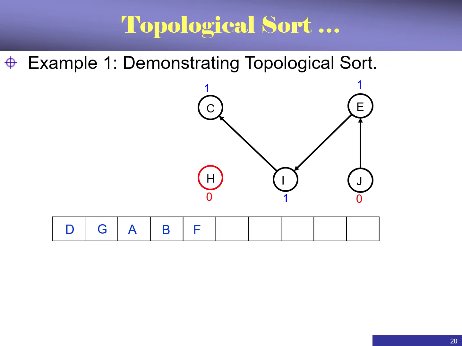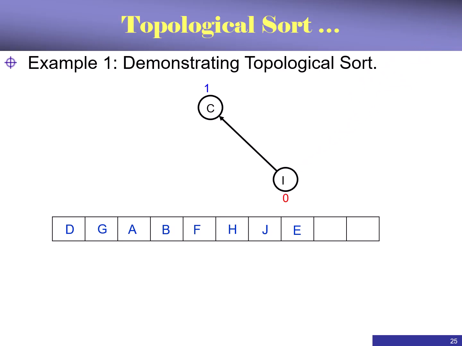The next one is H. Remove it from the graph. Recalculate, still the same. Now J. Remove it. Recalculate the in-degree of the remaining vertices. So now I have only one, E. Visit means you need to add it to the sorted list and remove it from the graph, with its edges.